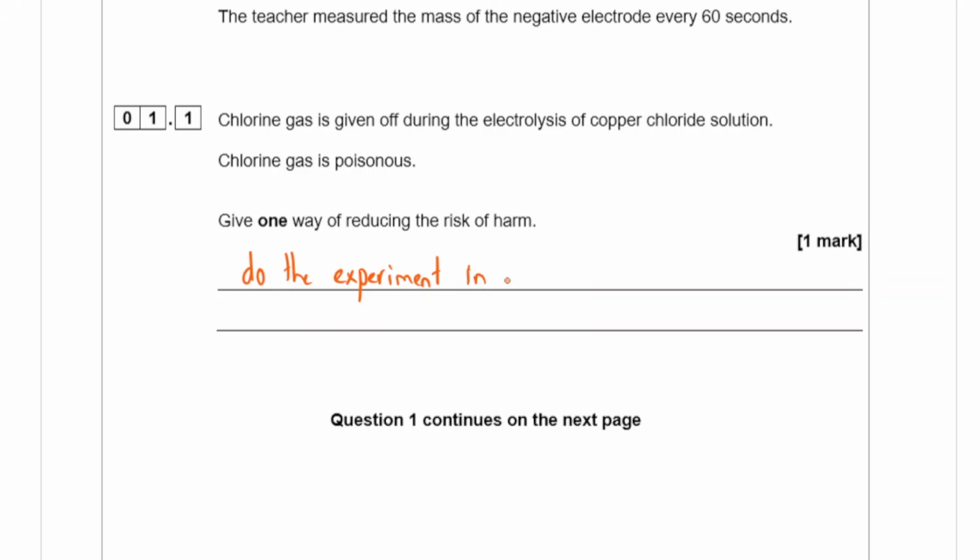You could also say do the experiment in a well ventilated room.